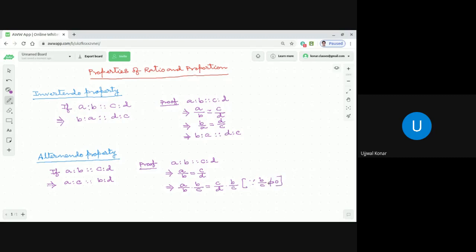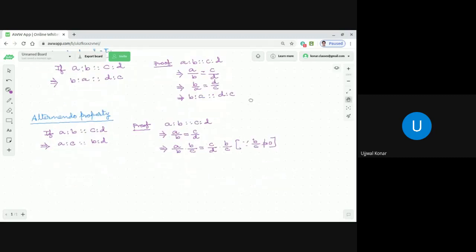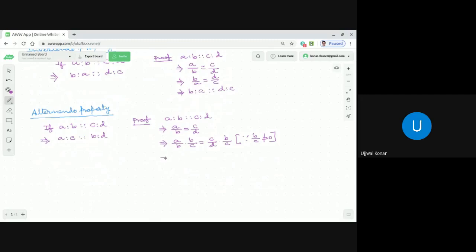So we can multiply both sides, correct or not? Yes, sir. From here, we can say that A by C is equal to B by D, correct, no? And A by C is equal to B by D means that the ratio A is to C is equal to the ratio B is to D. So these are the properties you need to remember. That is the second property, called the alternendo property.